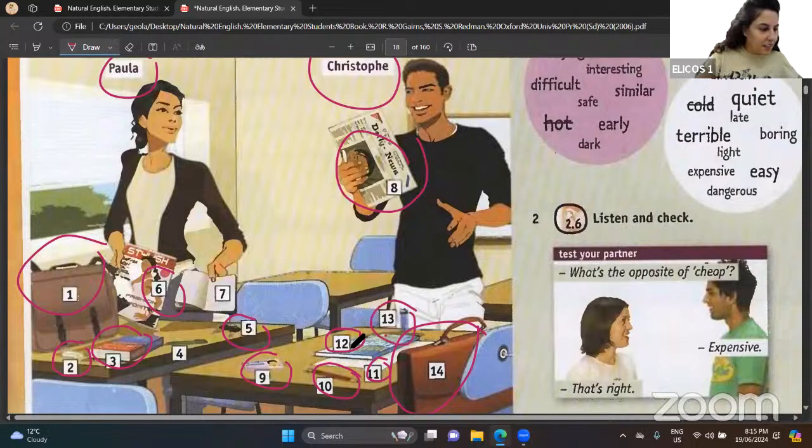I didn't see it. 13. So we had an eraser. Maybe this one, rubber, number 4. Yeah, must be, because that's the only object left. Did we do 7? 7 is notebook. So 7 is notebook and 11 piece of paper.